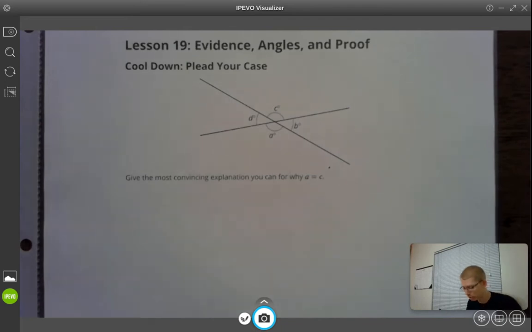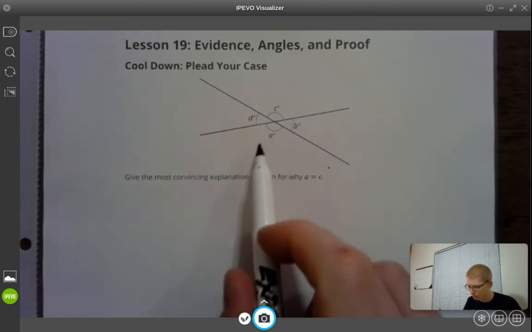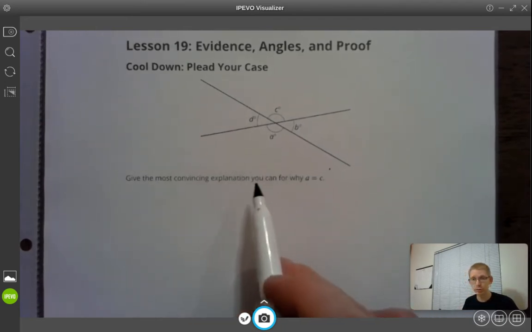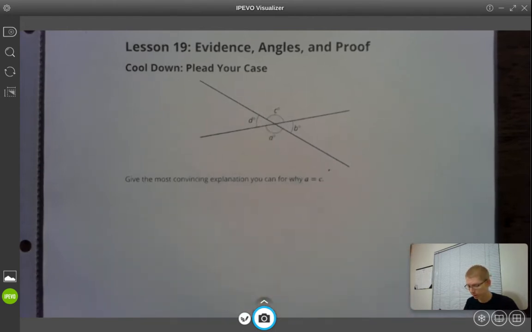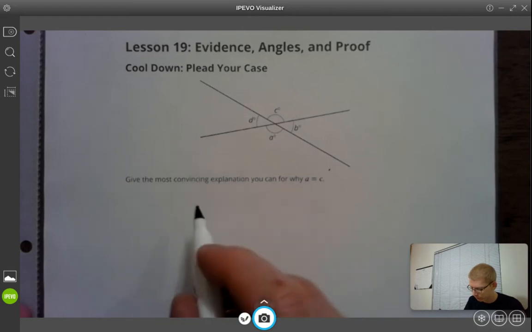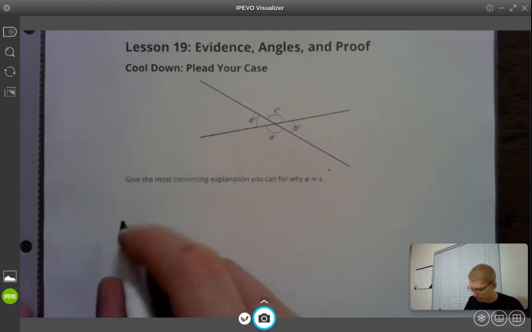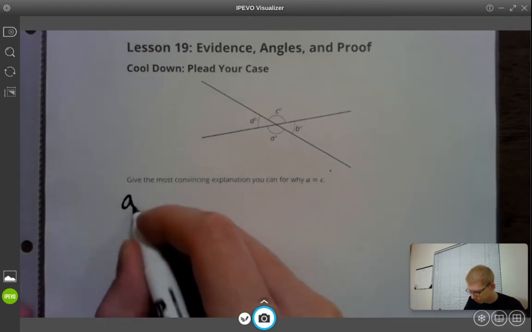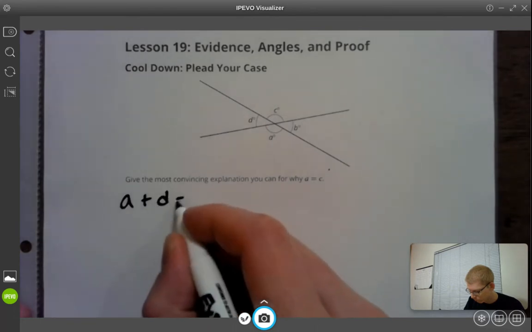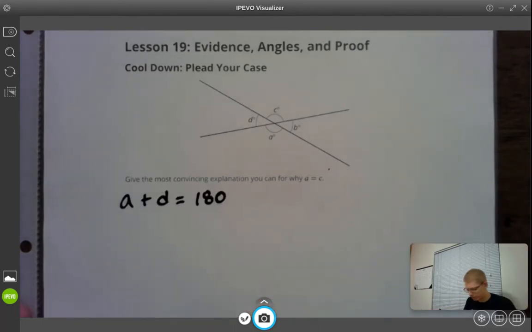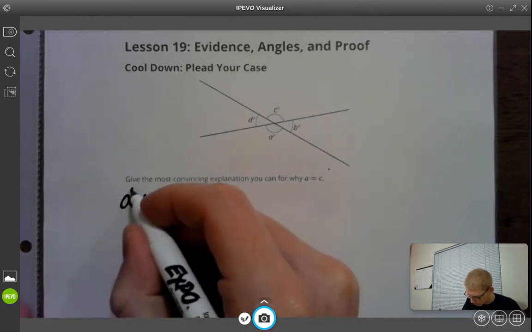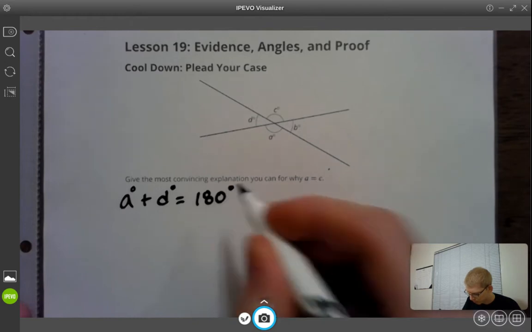Okay? So in order to do this, we need to choose two linear pairs that include either A or C. Right? So we're going to say that A and D, A degrees plus D degrees equals 180 degrees.